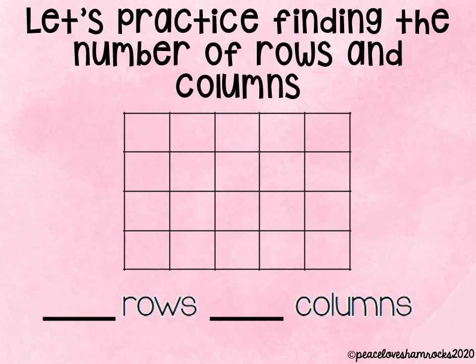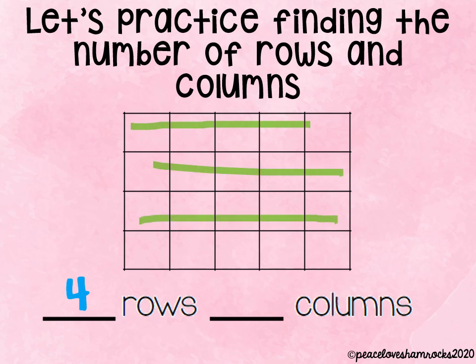How many rows and how many columns? Well, we have 4 rows. 1, 2, 3, 4. And we have 5 columns. 1, 2, 3, 4, 5.